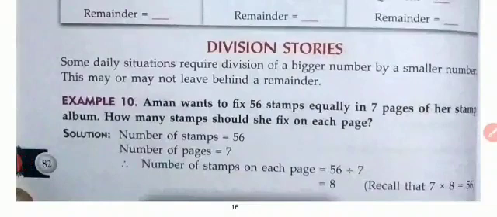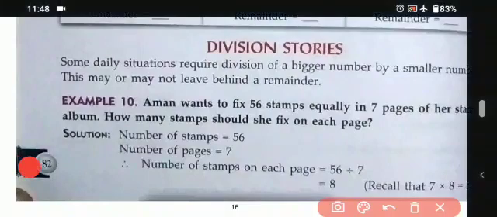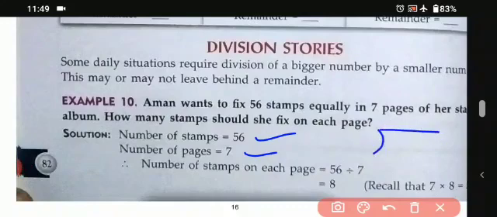So here we have written like this: number of stamps and number of pages. So this is what we got, and when we divide it, like this: 7 and 56.